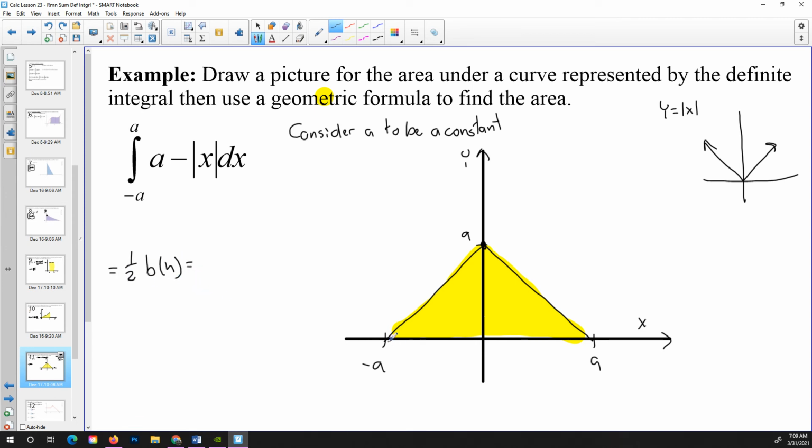In this case, this length here is a, this length there is a, so my base is 2a, and then my height is also a, and so a half times 2 is 1, a times a is a squared, so that is going to be the area of this definite integral, regardless of the value that you choose for a. If you square that value, that will be the area of this region.